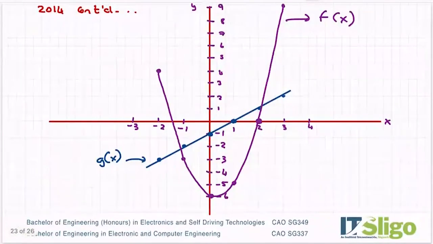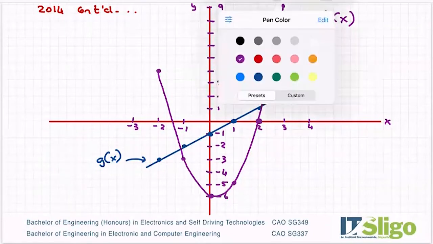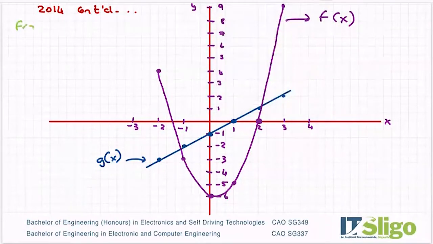Okay, and not in this question, but you sometimes get questions on this. Using the graph, let me just change color. So from the graph, where is g of x equal to f of x? Okay, that's one question that gets asked.